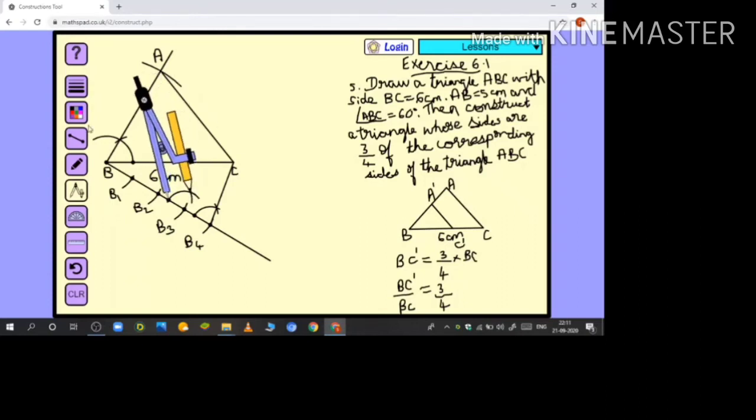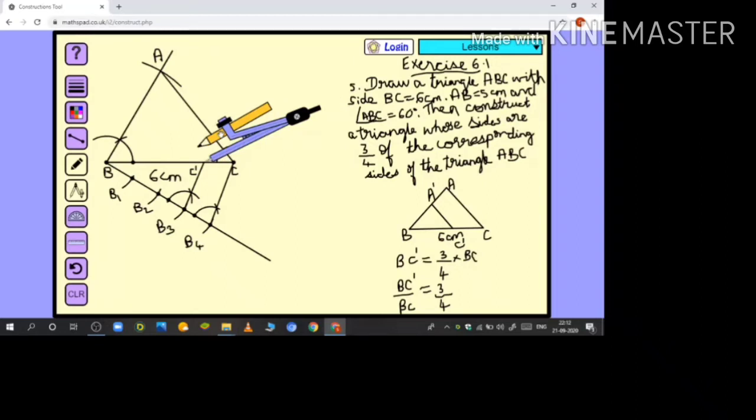Step 9. Join B3 and the point and extend the line segment to meet BC at point C dash on BC. B3 C dash is parallel to B4 C.